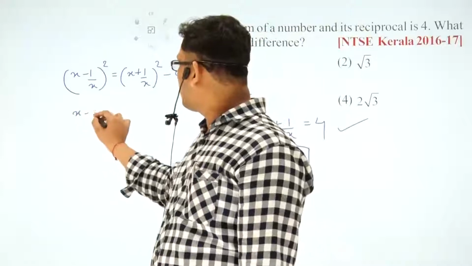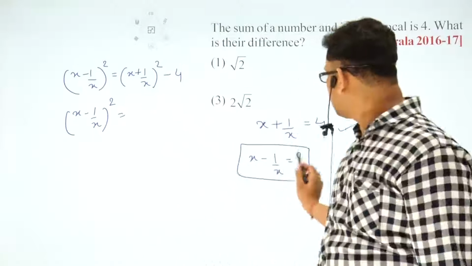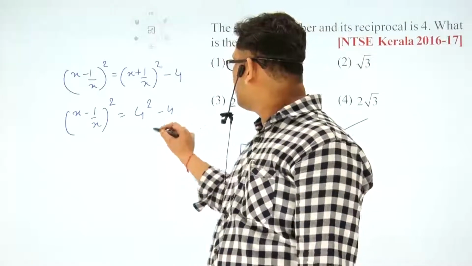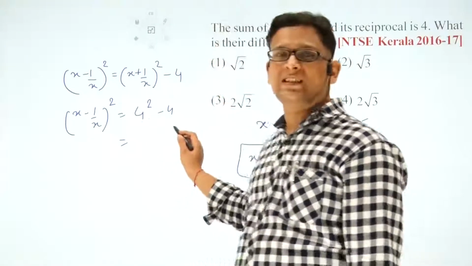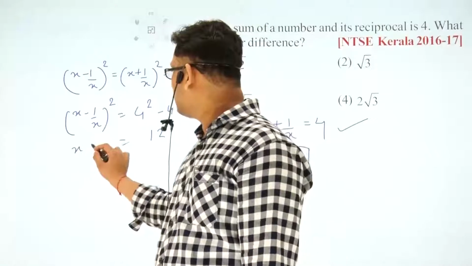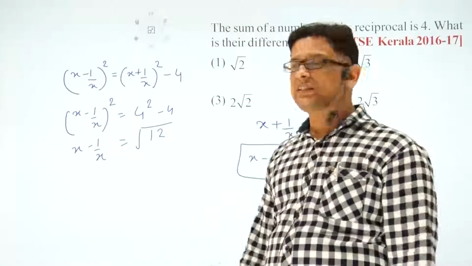So x minus 1 upon x whole square is equal to 4 square minus 4, that is 16 minus 4, which is 12. This is the square, so we take the square root on both sides.